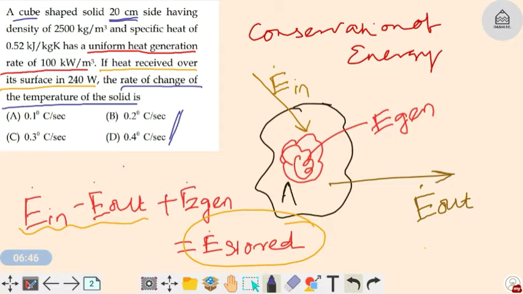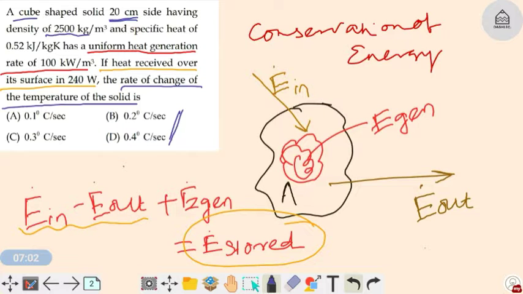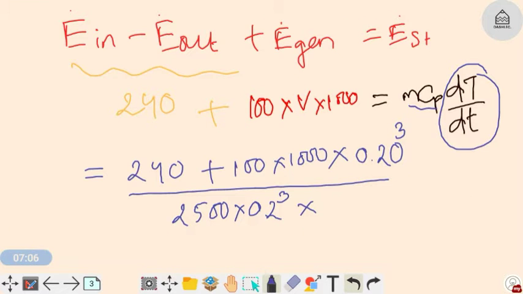Density is given, that is 2500, into volume 0.2 cube. Now the Cp is 0.52 kilojoule, so I need to write it in joule, so it will be 520.